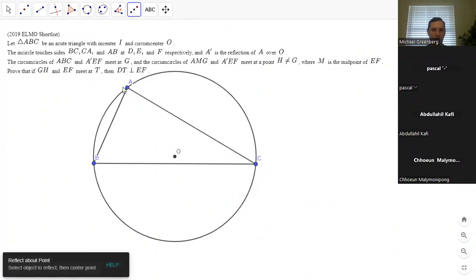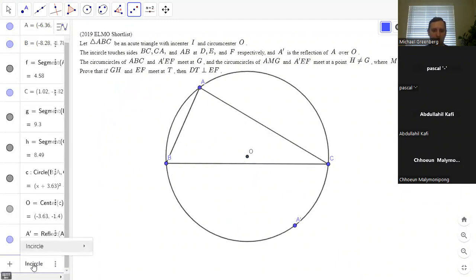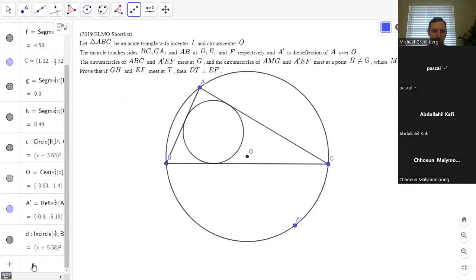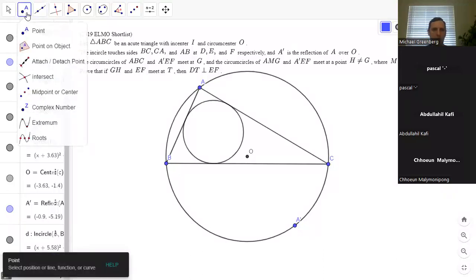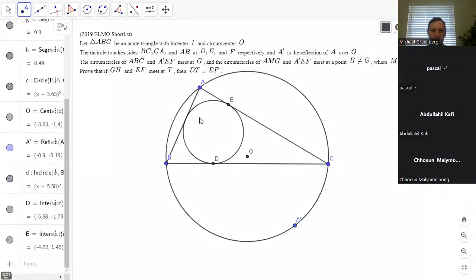And here is the antipode, and it's already called A prime, and we need to draw the incircle. And we'll let I be the center of it. So this is D, E, and F. And I is the center of the incircle.